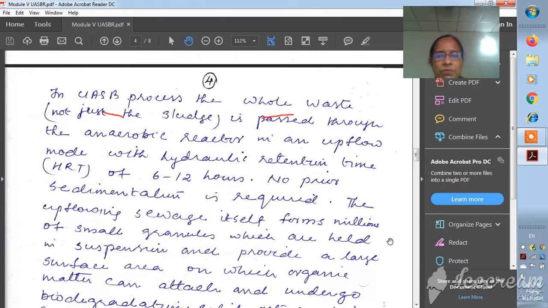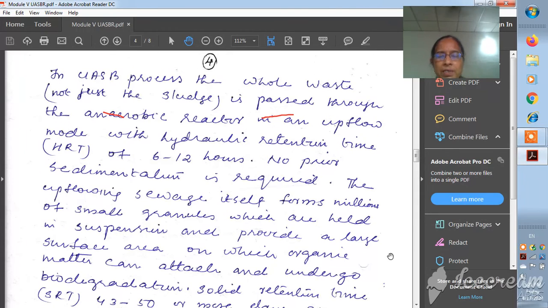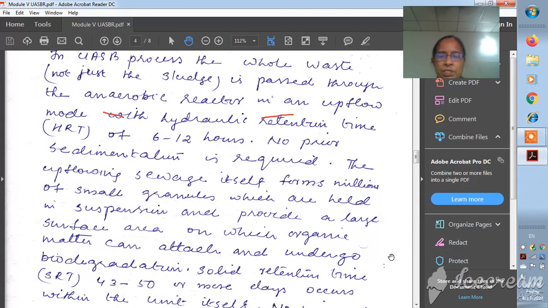And the upflowing sewage itself forms millions of small granules which are held in suspension and provide a large surface area on which organic particles or organic matter can attach and undergo biodegradation.